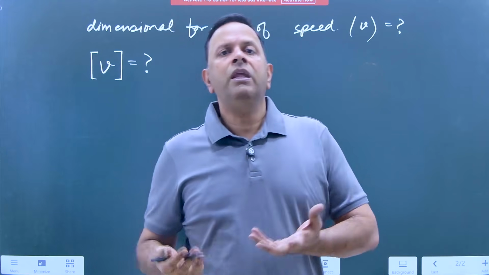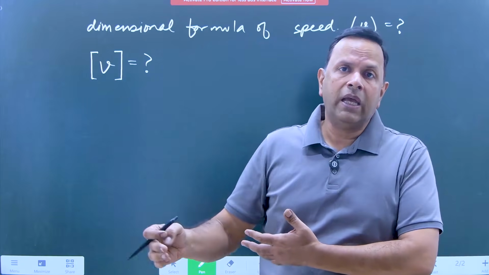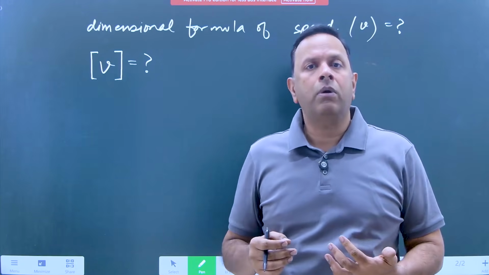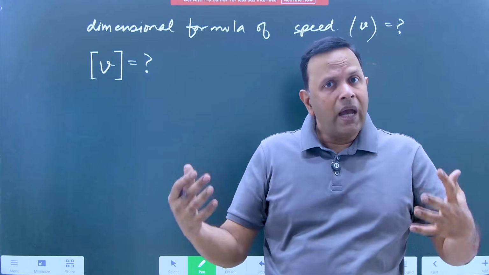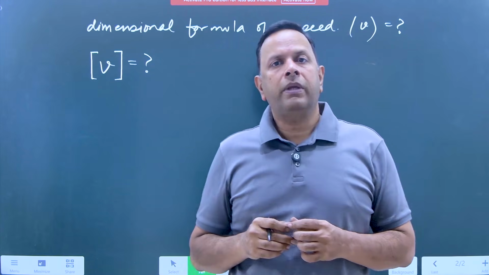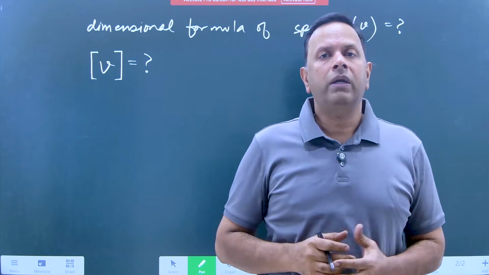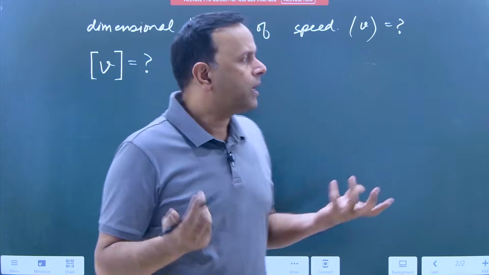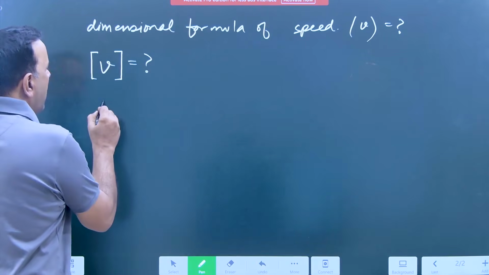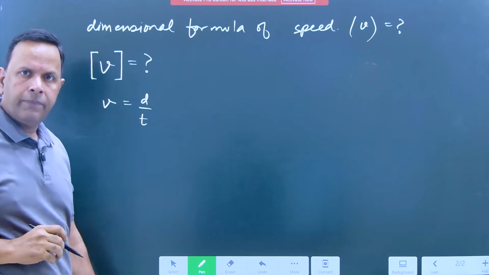You may remember many formulas: speed is equal to acceleration into time, speed is equal to momentum upon mass. I am looking for the formula through which I can express the velocity in terms of some fundamental quantity. So I come up with the basic definition: velocity is defined as distance upon time.